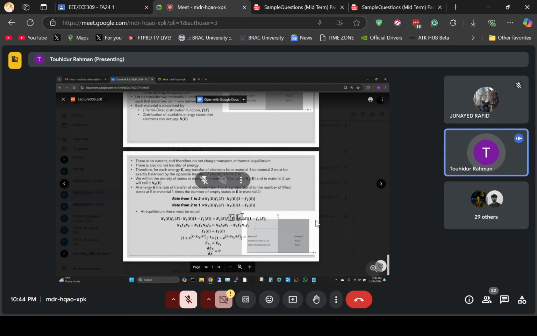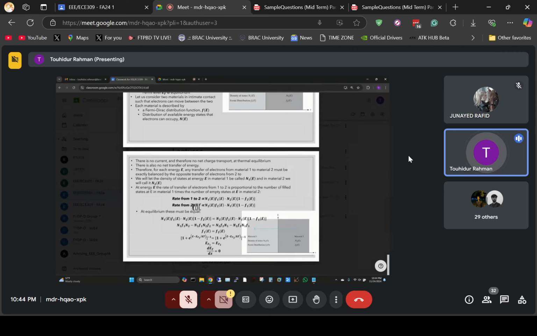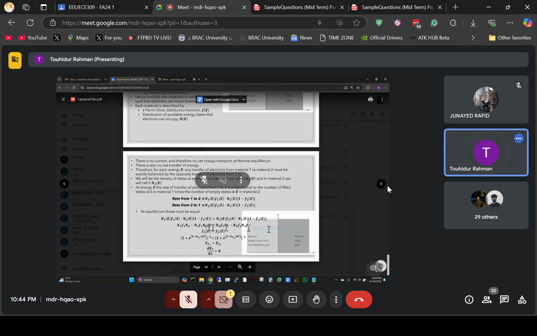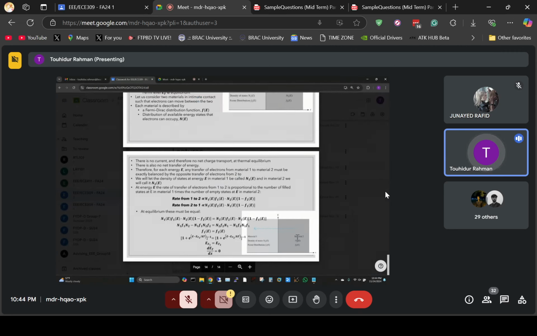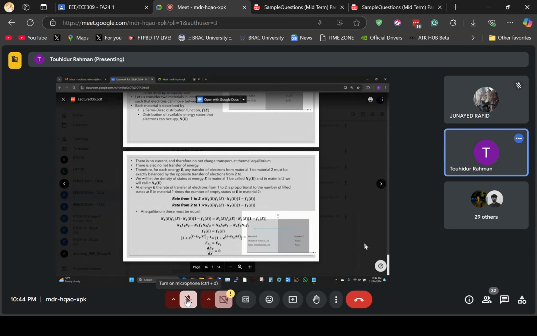So if we calculate the number of particles from 1 to 2, and also calculate the number of particles from 2 to 1 and make it equal, because they must be equal and opposite because our current is 0, and do the derivation, then we will see the Fermi level on the left hand side is equal to Fermi level on the right hand side. That means the change of Fermi level is 0, or the gradient of Fermi level is 0.